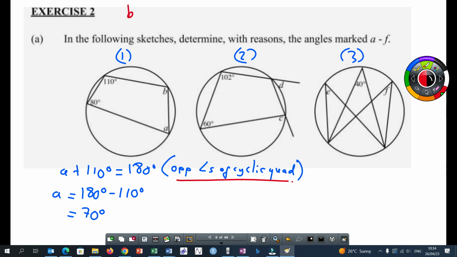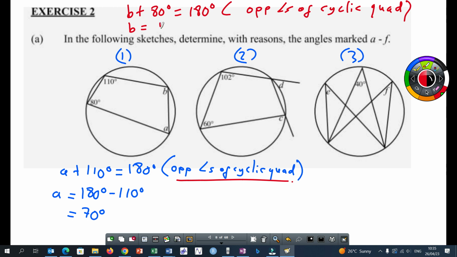So angle B plus 80 degrees will give you 180, and the reason will be opposite angles of cyclic quad. So B is going to be 180 minus 80 degrees, which gives you 100 degrees.